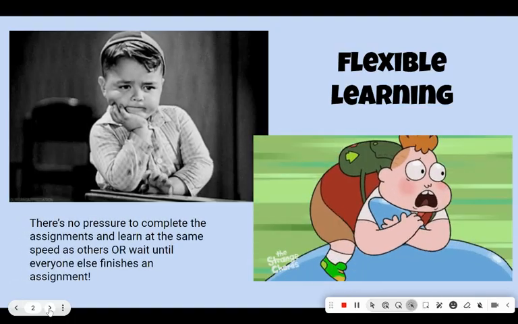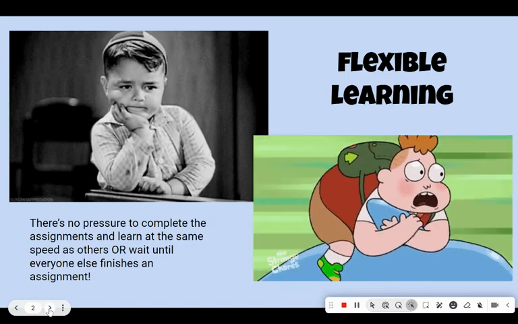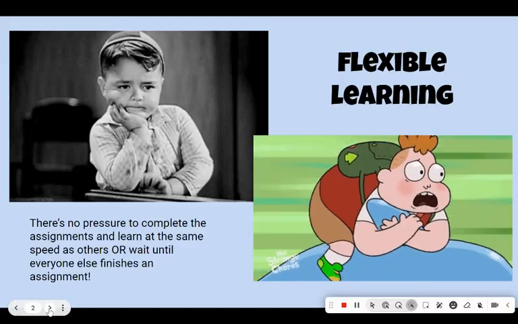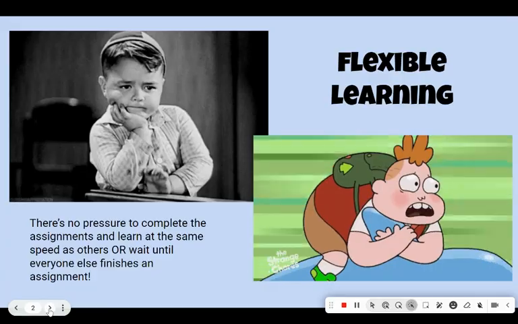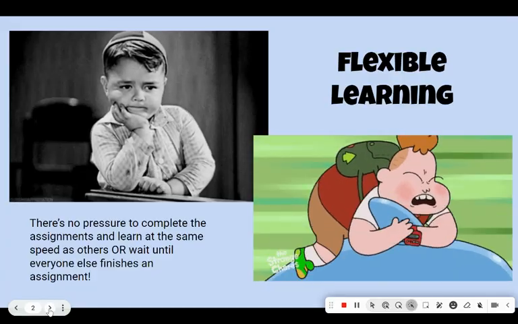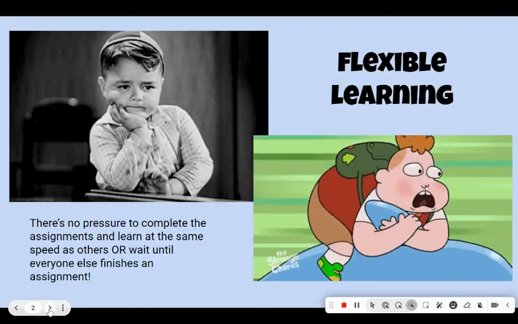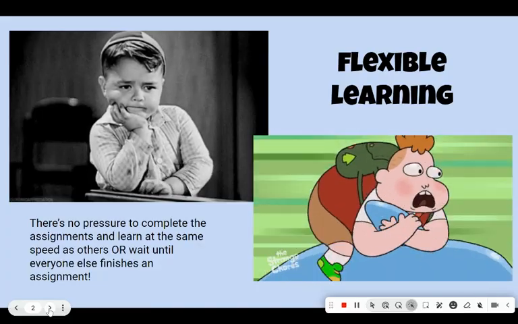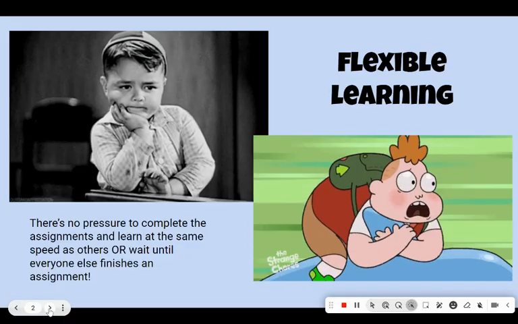Basically, flexible learning means there's no pressure to complete assignments at the same speed as anyone else. So if for a lesson you're that kid that gets it really fast, you can move on and you can move fast. If you're the kid that needs to rewatch the video to really understand it, you have the time to do that. So you're not waiting on anybody and you're not rushing ahead to keep up with anybody.